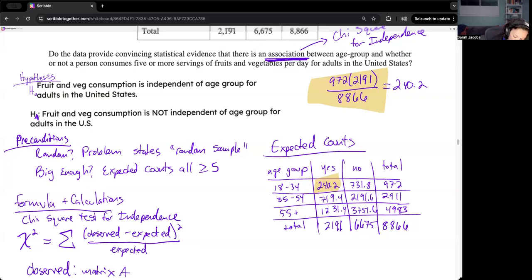And remember, the matrix you're putting into your calculator is only the actual values. You don't include any of the totals. So that's why I said it's a 3x2.